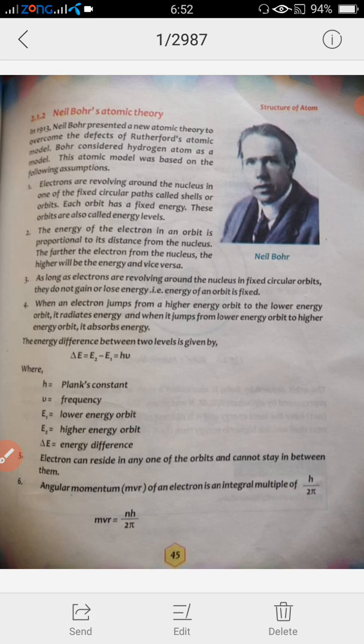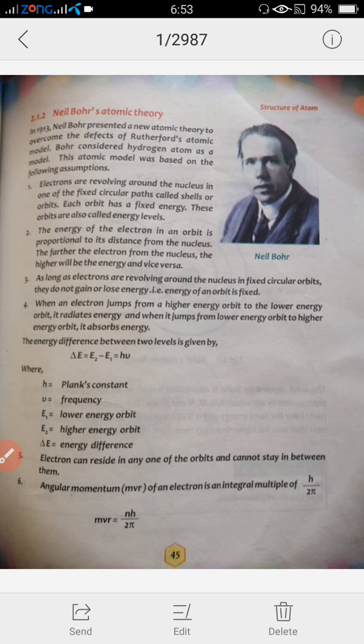We can also call them shells. Students, the first postulate of Niels Bohr's theory is that the electrons are revolving around the nucleus in one of the fixed circular paths called shells or orbits. Each orbit has a fixed energy. And these orbits are also called energy levels.